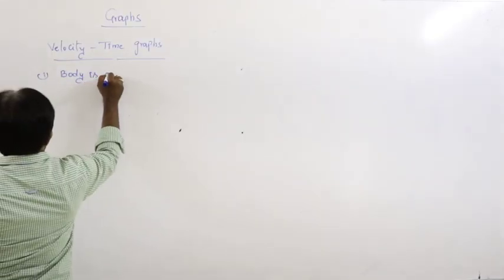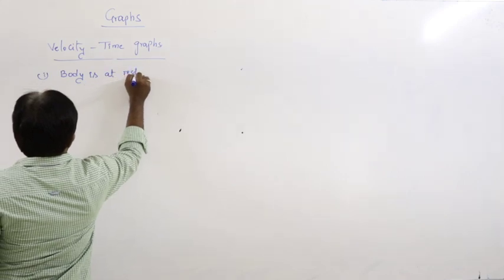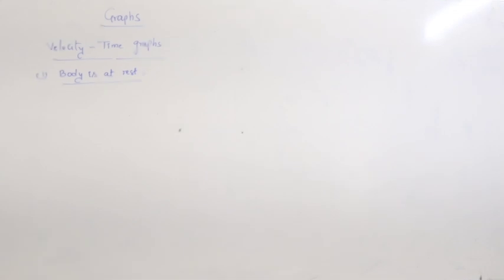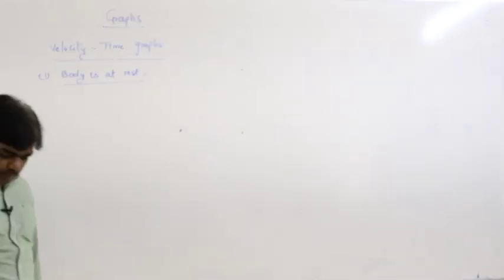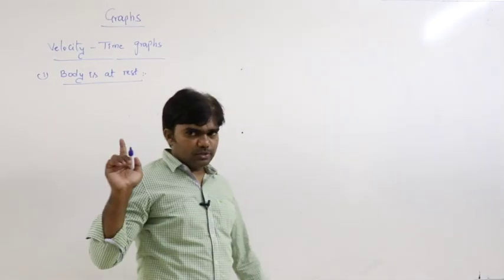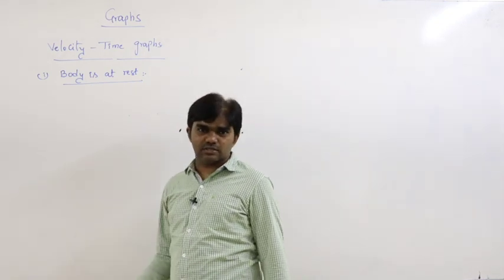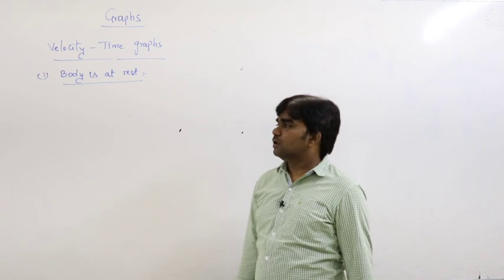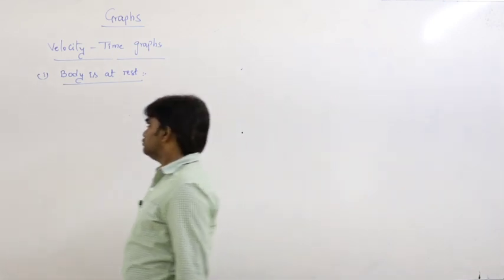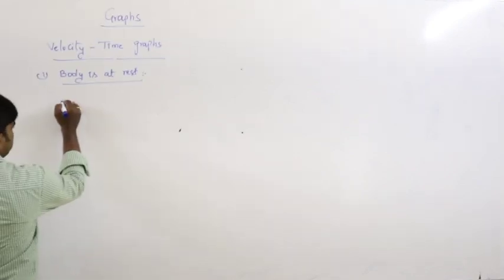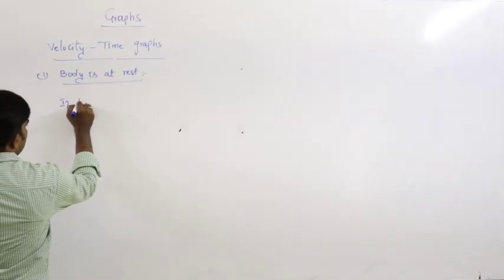So first, the body is at rest. How can we represent the velocity-time graph for this situation? What is the velocity of the body when it is at rest?